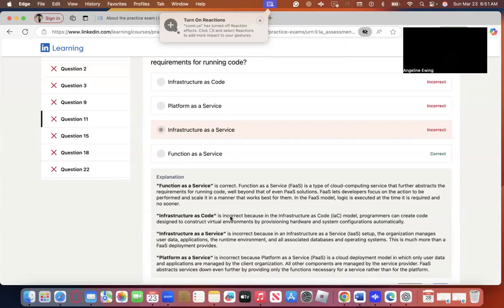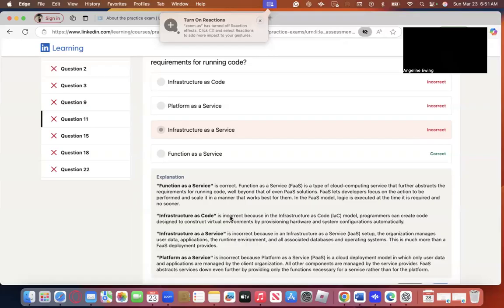In the infrastructure as code, IaC, model, programmers can create code designed to construct a virtual environment by provisioning hardware and system configuration automatically. In an infrastructure as a service, IaaS, setup, the organization manages user data, applications, the runtime environment, and all associated databases and operating systems. This is much more than a function as a service deployment provides.